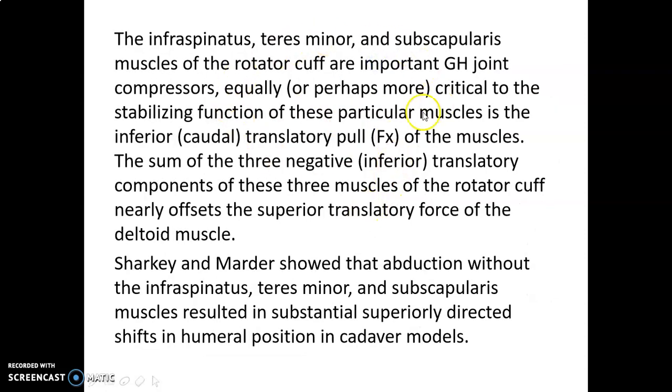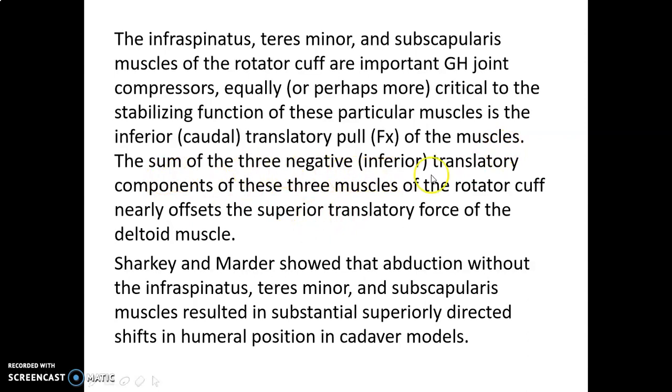That is what we are describing. This compression is equally critical to stabilization. So when it is compressing, it plays an important role in stabilizing the joint, even though it is doing so at an inferior angle, compressing towards the glenoid fossa.